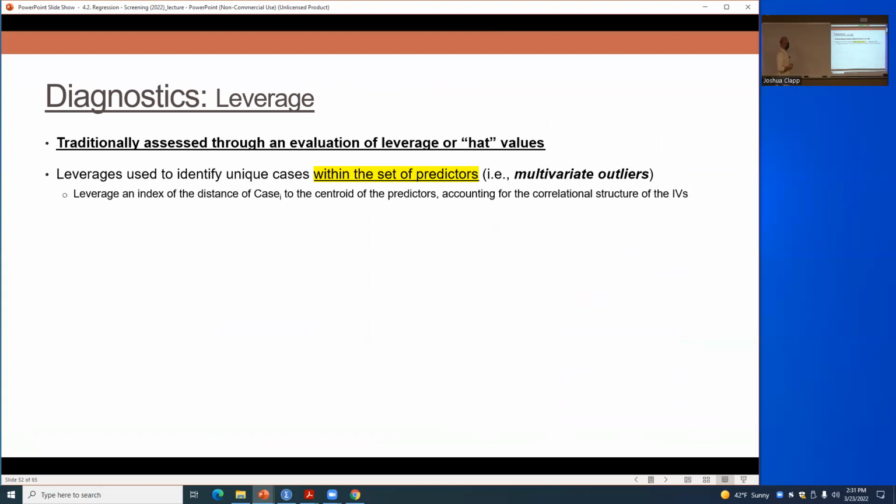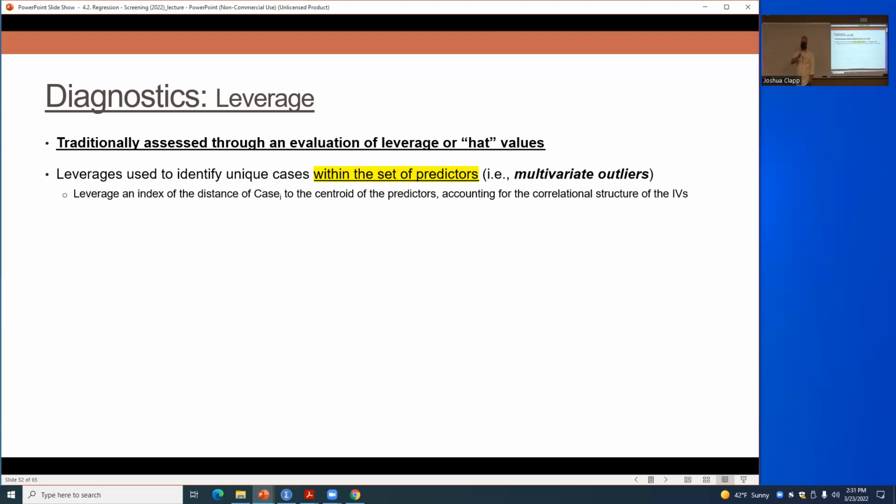Okay. We're also going to switch over and start thinking about leverages. We're typically looking at leverage using leverage or hat values. Again, what we're doing here is we've switched over to looking at unique cases within our set of predictors. These are often multivariate outliers, but as we'll see, if we start to have individual cases that are quite extreme, even on one variable, we can start to pick these up with our leverages.